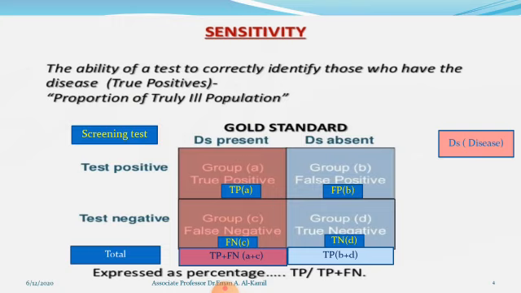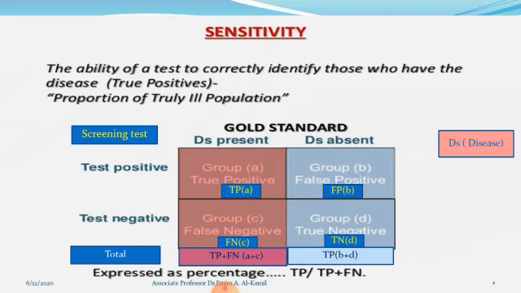While the C, they are the group of people who are positive or having the disease according to the gold standard test, but they are negative by the screening test, so they are called the false negative.